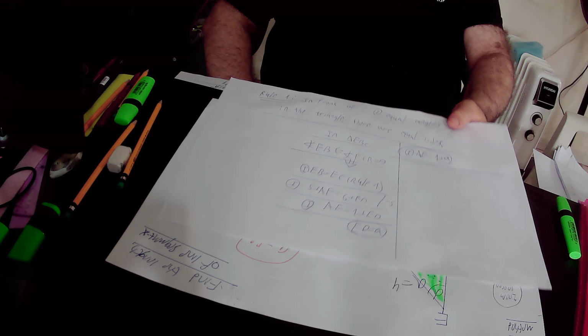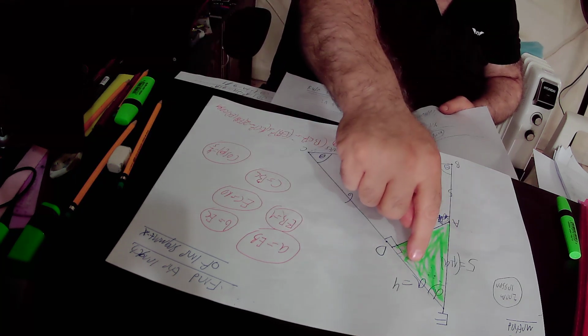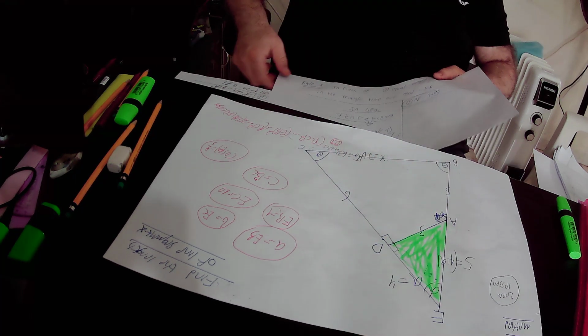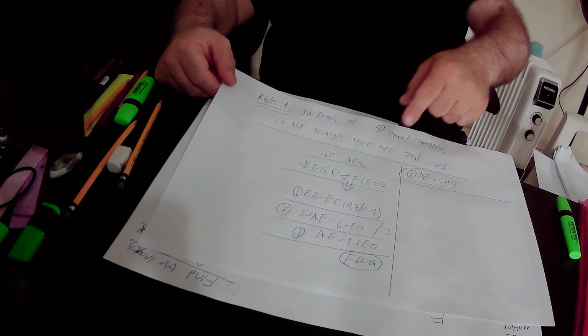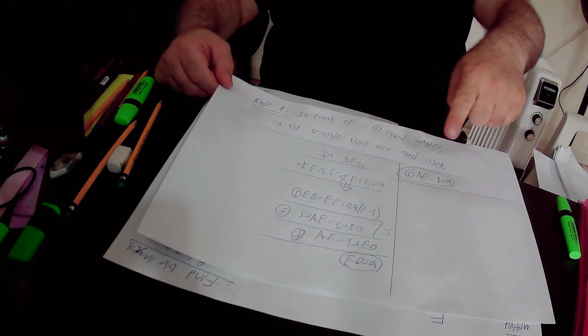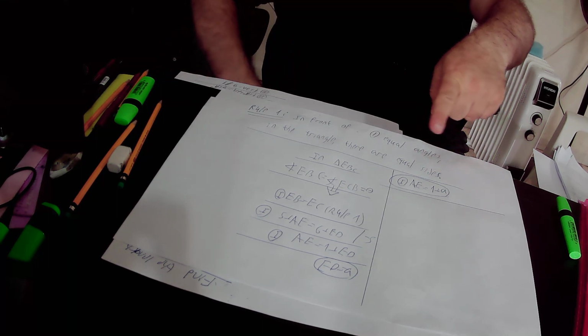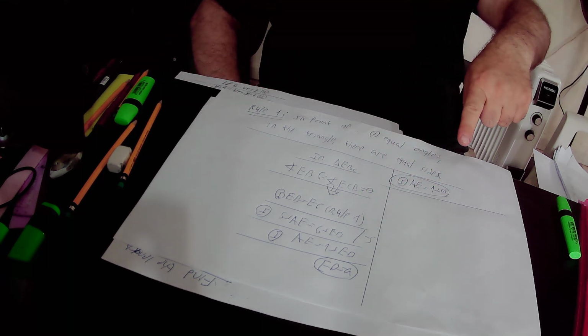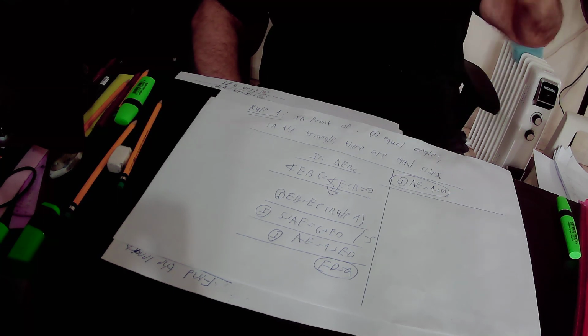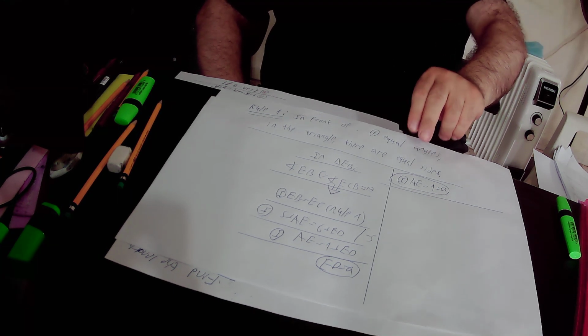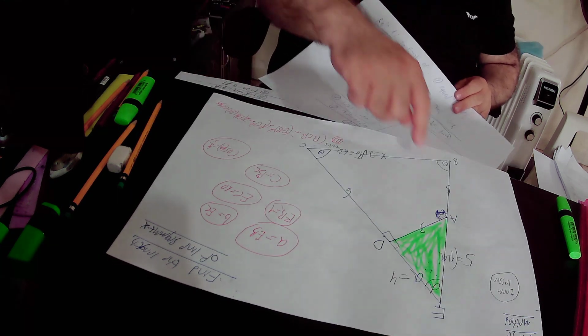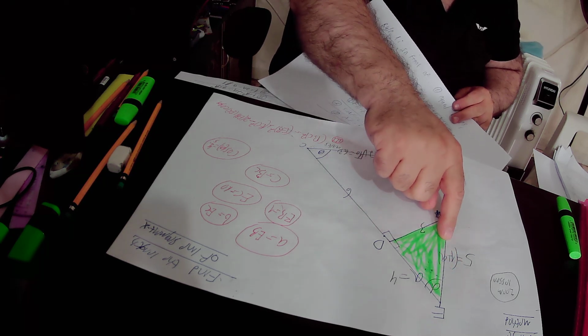Then we defined ED as A. Here ED equals A according to our definition. So we can substitute ED by A in equation number 1, and we got that A equals 1 plus A according to equation number 1. So we can write here that A equals 1 plus A.